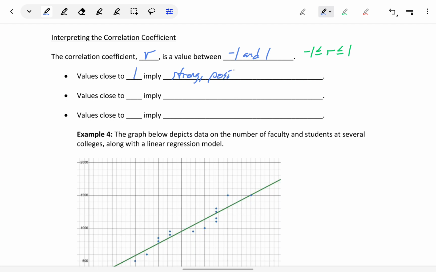A value close to 1 would imply a strong positive association. A value close to -1 would still imply a strong association, but in this case, a negative association.